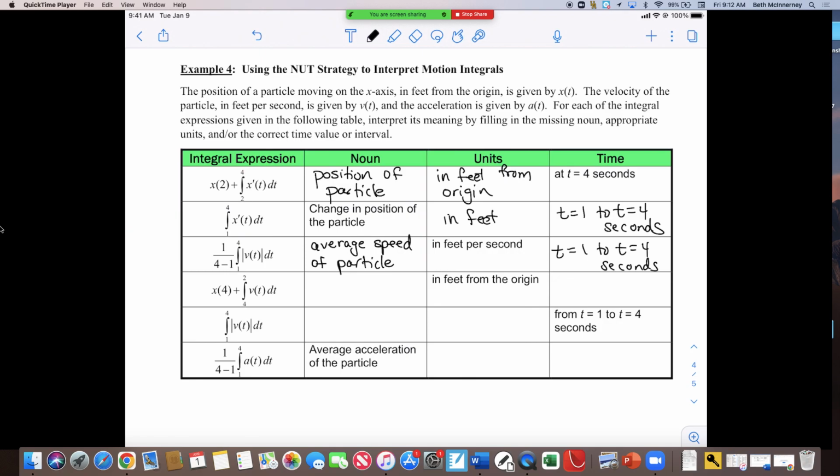The third row, did you get average speed? Average speed of the particle?